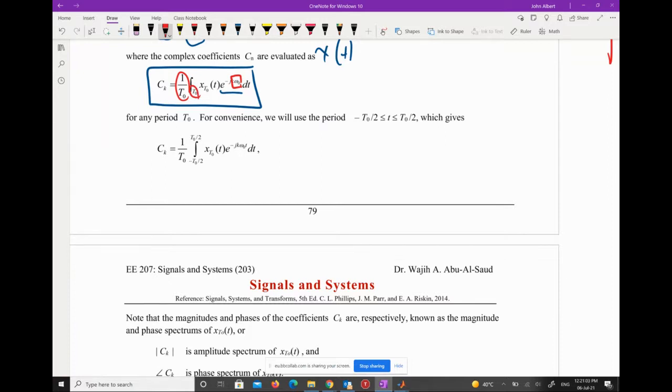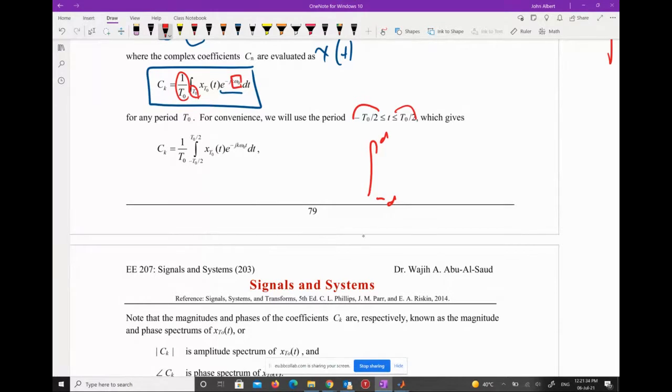As you increase the period and make it approach infinity, what happens to the integration? The integration becomes the integration from minus infinity to infinity, because I was integrating over one complete period, from minus T0 over 2 to T0 over 2. If you set T0 equal to infinity, the integration becomes from minus infinity to infinity.